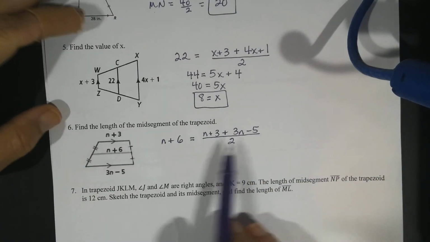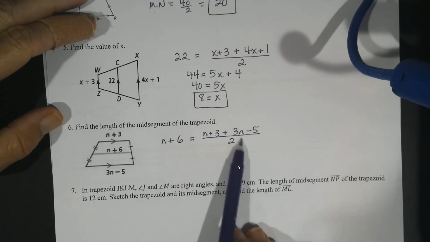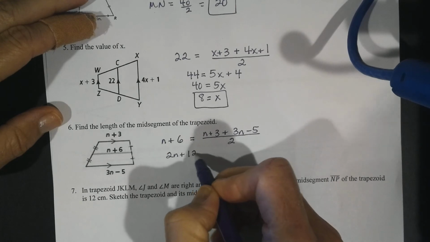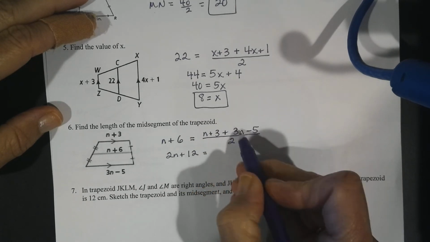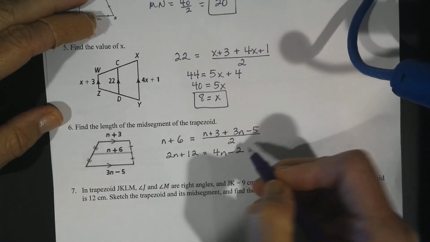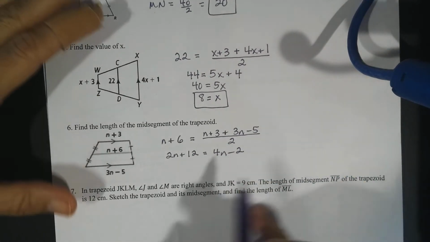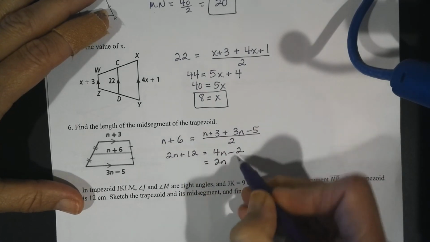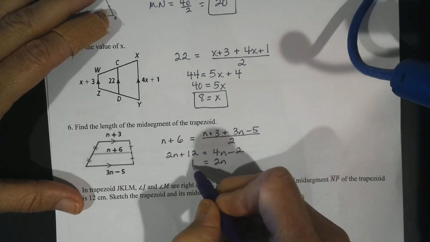The only difference is now we have n over here too. So again, I'm going to multiply both sides by 2. So I get 2n plus 12. Then I'm going to combine the n and the 3n. And I'm going to take away 2n from both sides. While I'm at it, I'm going to add 2 to both sides.